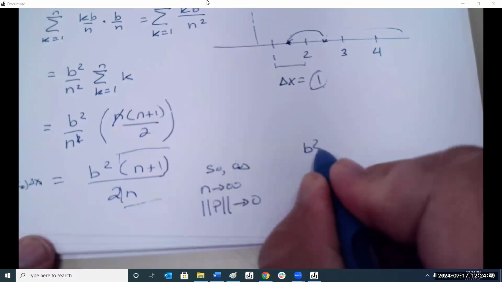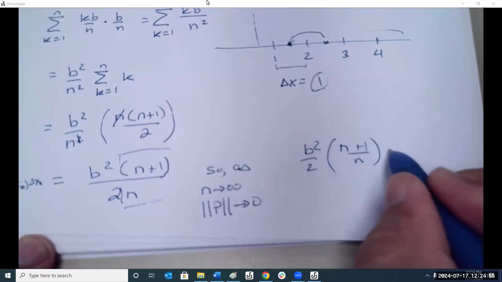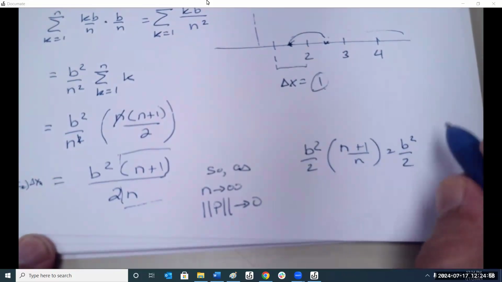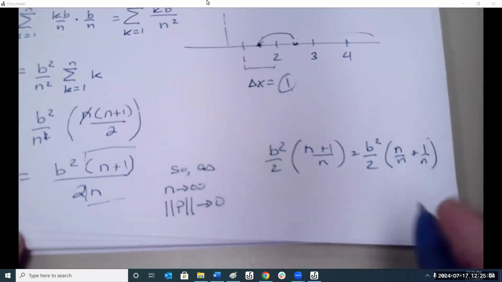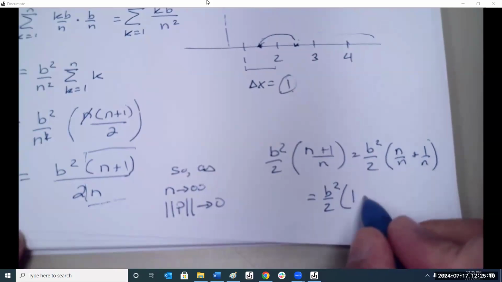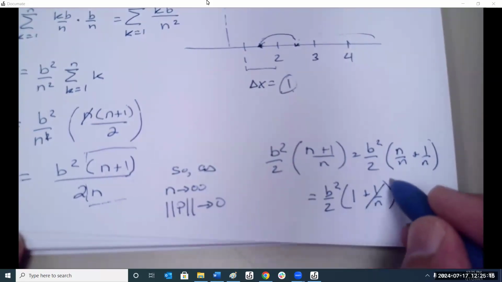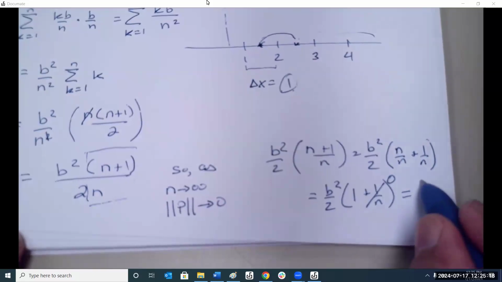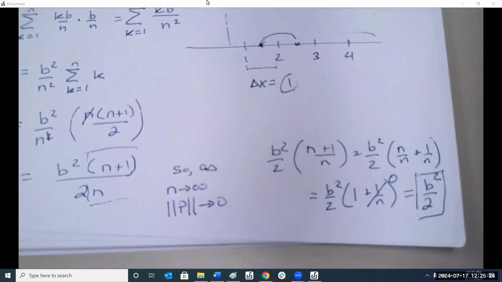We have b squared over 2 times n over n plus 1 over n. As n goes to infinity, the 1 over n goes to 0. So we end up with b squared over 2, with whatever b was.